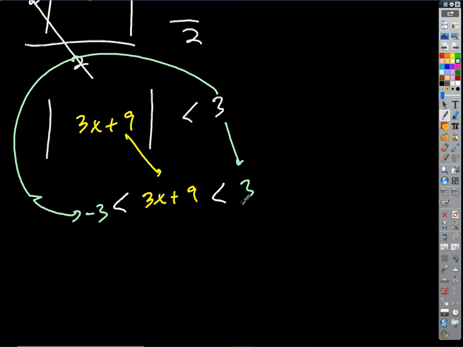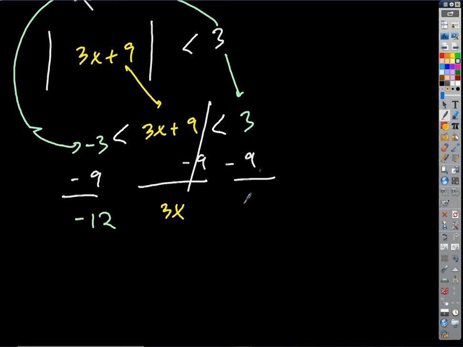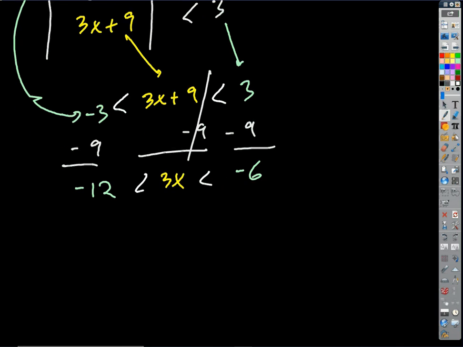So what are the last two steps to isolate the x? Subtract 9, good, from all parts, right? We're solving a compound and inequality. Those guys go away, I get my 3x. Negative 3 minus 9, negative 12, and 3 minus 9 is negative 6. And then last step, divide by 3.